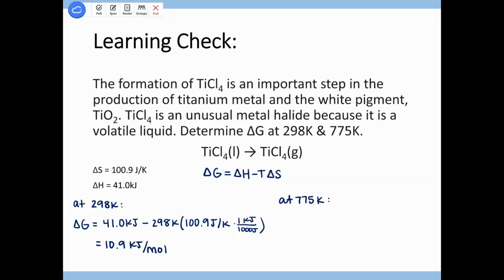And as you can probably predict, that will result in a negative delta G. And then this value here is negative 37.2 kilojoules per mole.